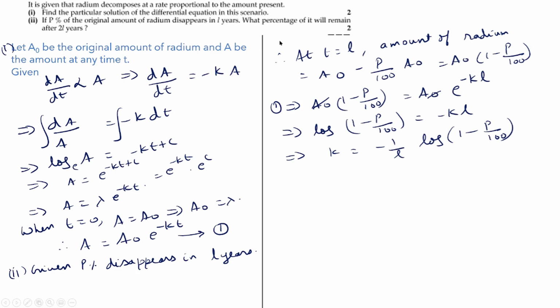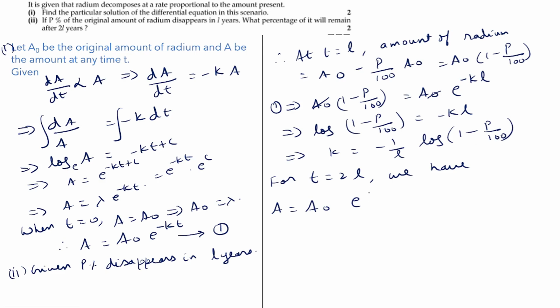Now we have to find what percentage of it will remain after 2L years. So for T is equal to 2L, we have A is equal to A naught into e raised to K, which we have found as minus 1 by L into log of 1 minus P by 100.